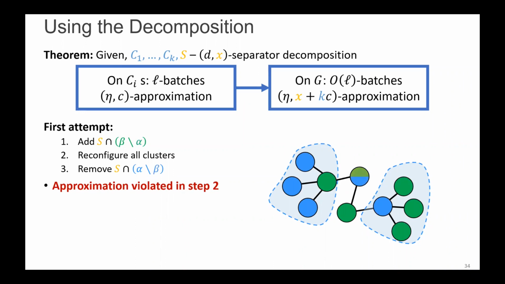Let's actually look at vertex cover, and here you can already see that the approximation will be violated. We're given some vertex cover. We have some vertices which are in beta, some which are in alpha, and some which are in both. The first attempt would be to really separate these clusters, which means this is our initial vertex cover alpha. And now we would add all green vertices in the separating set to the vertex cover.